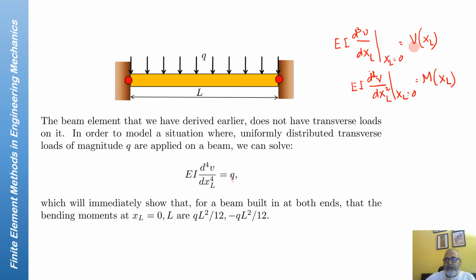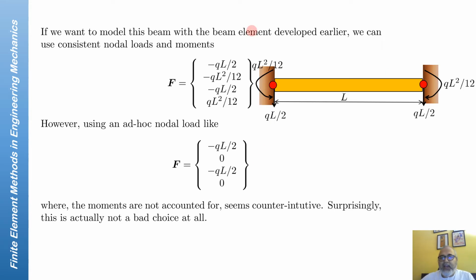I can find V and M at this node, and then again I can repeat that for XL equal to L and find them at this node. So when I find it, I see that the shear forces are minus QL by 2 at the two nodes, and the bending moments are QL squared by 12 and minus QL squared by 12 and plus QL squared by 12 at the two nodes.